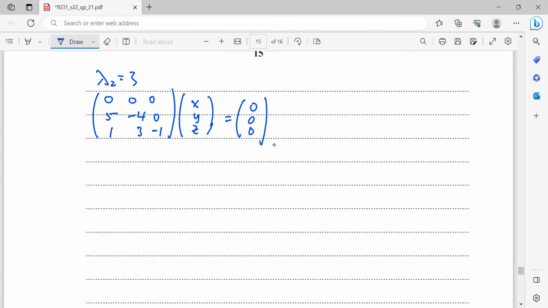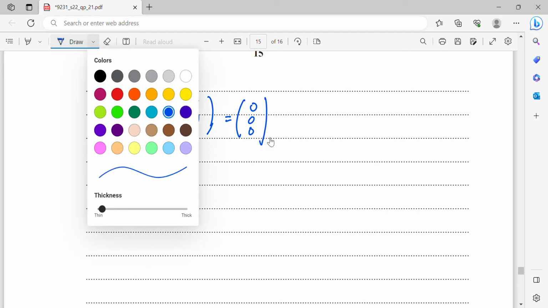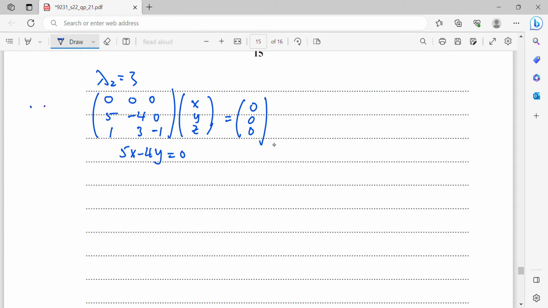Right? So from here, first row, you won't get any equation. Then we refer to second row, I will get 5x minus 4y equals to 0. Then the third row, when you multiply, it will be x plus 3y minus z equals to 0.